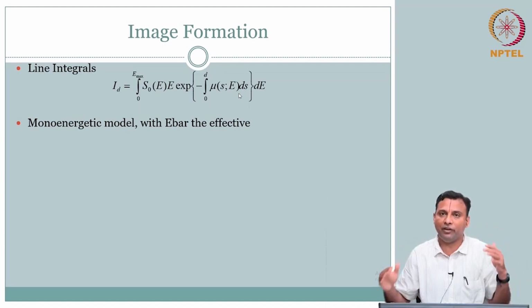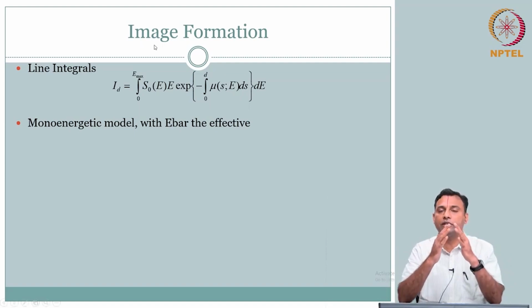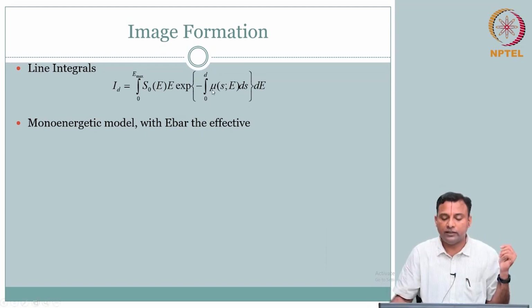So the idea is, I am trying to get to monoenergetic. I want to reduce the energy distribution. That way, this variable is also a function of E. Then it becomes, right, two integrals.